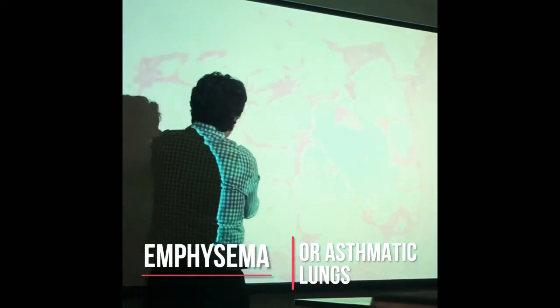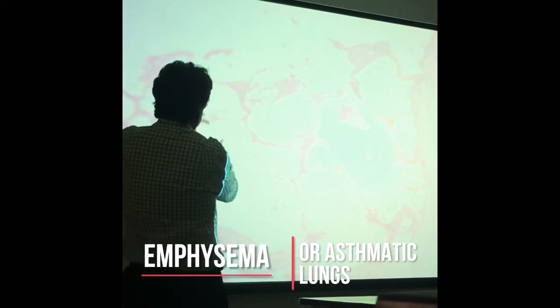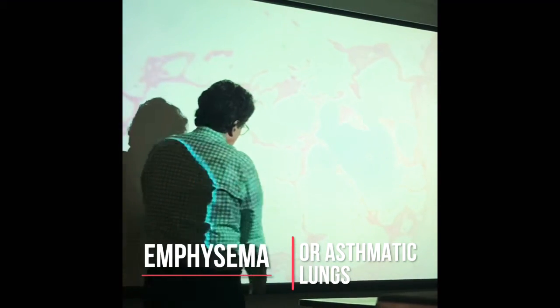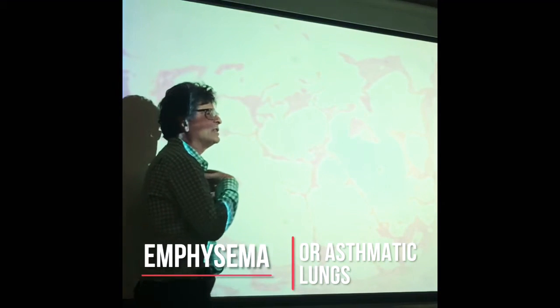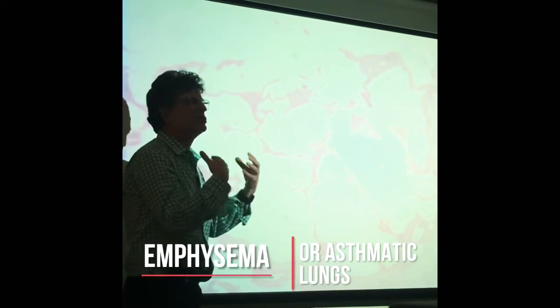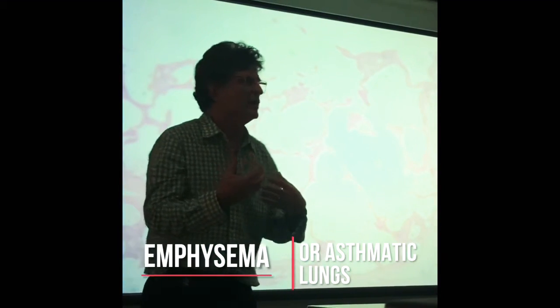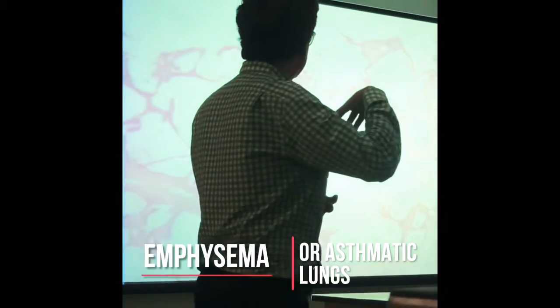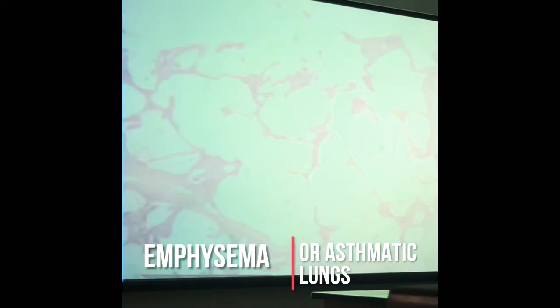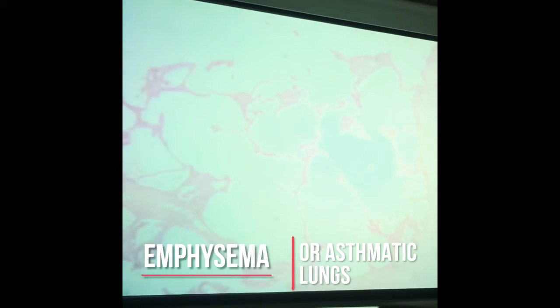They don't have all those little squiggly lines going through it. They just have these big blebs of air, and blood vessels are out here. So you're taking air into your lungs, but you can't exchange it effectively. You don't have a racquetball court. You just have this little area to exchange. This is what emphysema looks like.